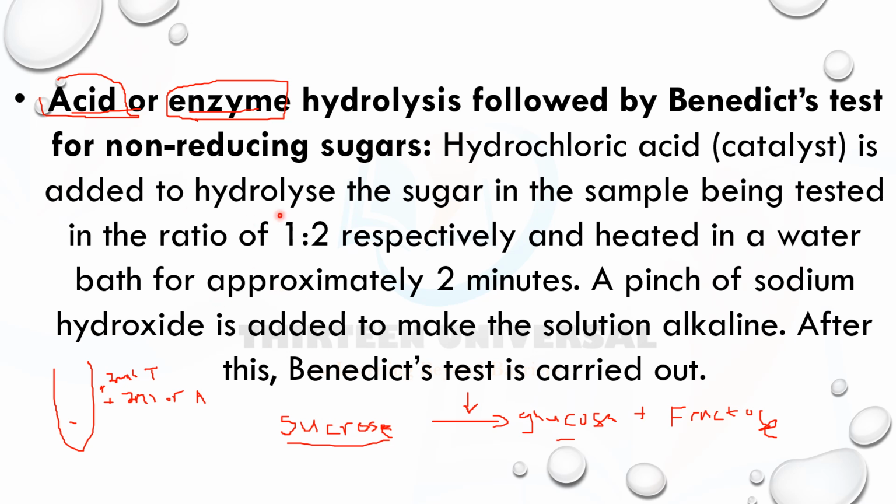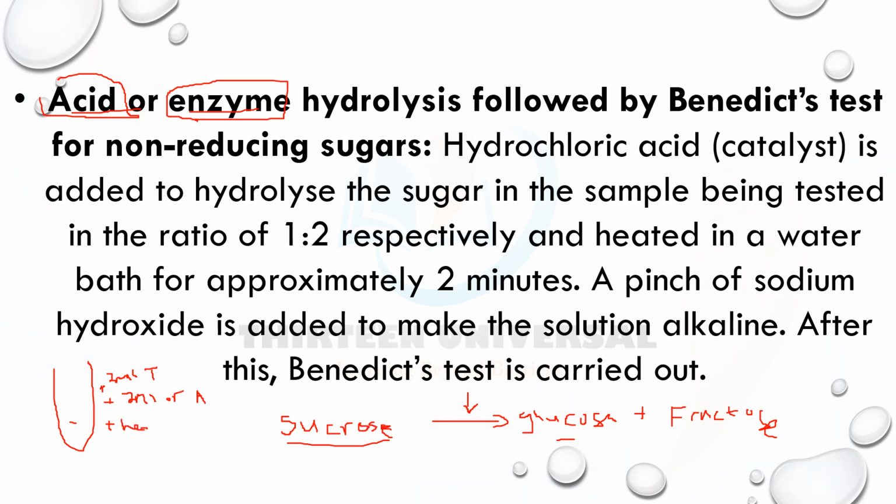So you see what we have here: the hydrochloric acid is a catalyst, added to hydrolyze the sugar in the sample being tested in the ratio of 1:2 respectively, and heated in a water bath for approximately 2 minutes. By the time you add this, you now add heat in a water bath, and this H is heat.